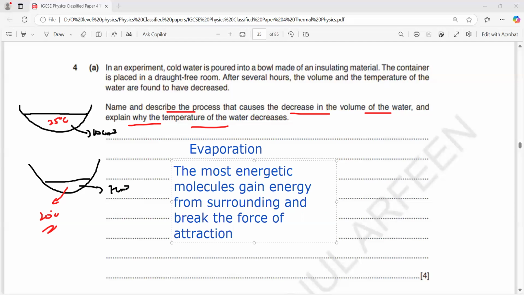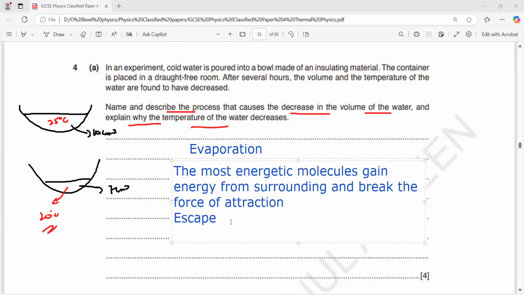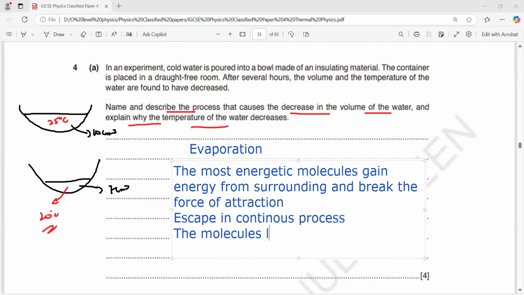Resulting in a decrease of temperature. The molecules which are left behind have low energy, so the temperature will decrease.